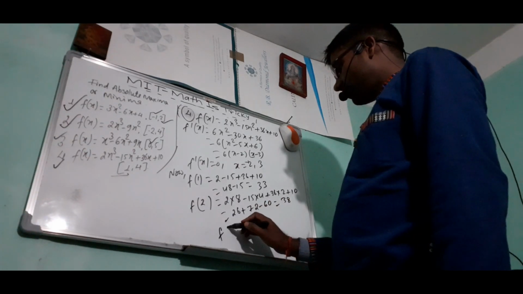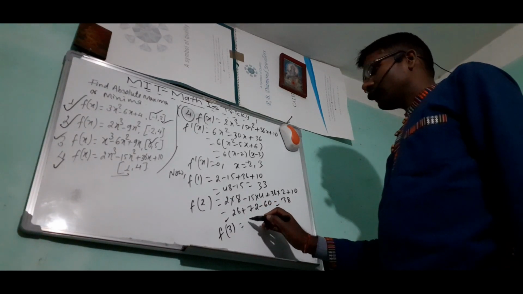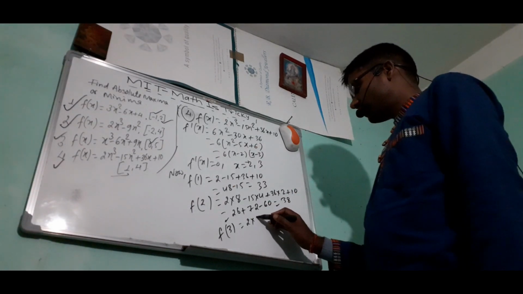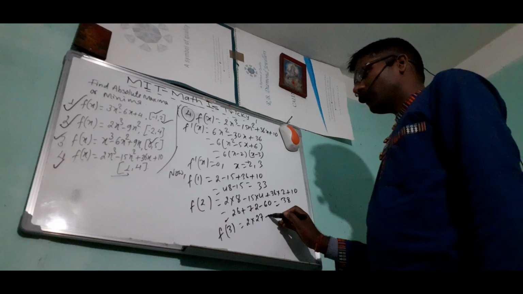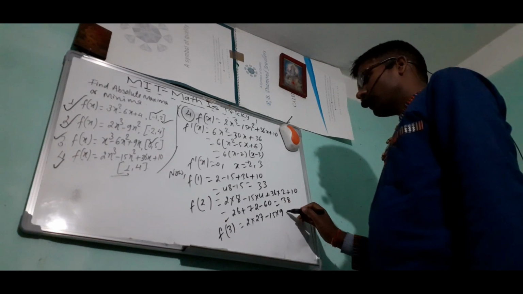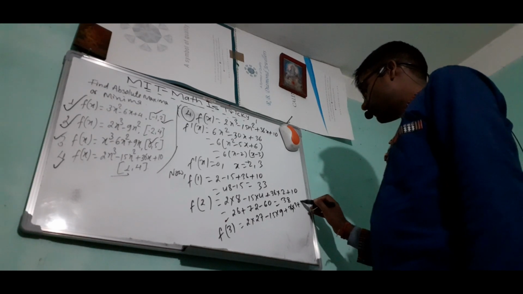f of 3, let's find. f of 3 will be 2 into 3 cube, which is 54, minus 15 into 3 square, 9, plus 36 into 3, plus 10.